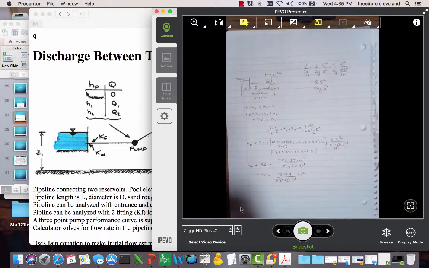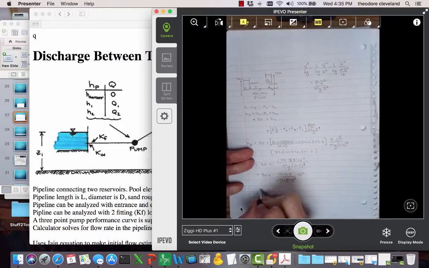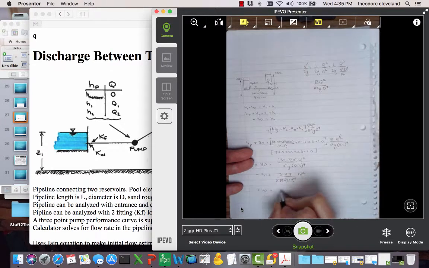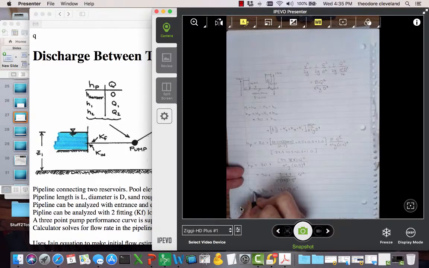I'm going to store that into the storage register. Now I'm going to divide by pi, divide by 9.8, divide by 0.4 four times, and so this equals 30 plus 126.9 Q squared.